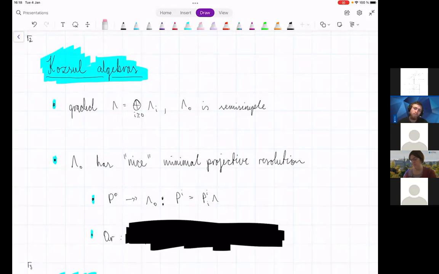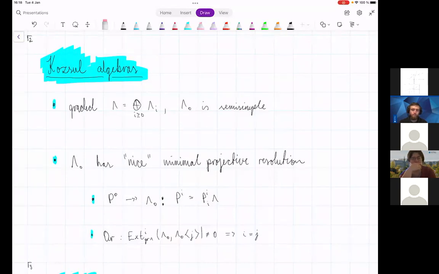Equivalently, if you're dealing with some algebra lambda given by a quiver with relations, you can think of these as having the property that if you consider each morphism in the projective resolution as a matrix with entries from the algebra, then each entry will be a sum of paths of length 1, i.e. arrows. This turns out to be equivalent to this Ext vanishing condition.